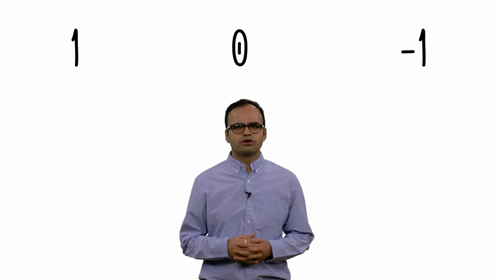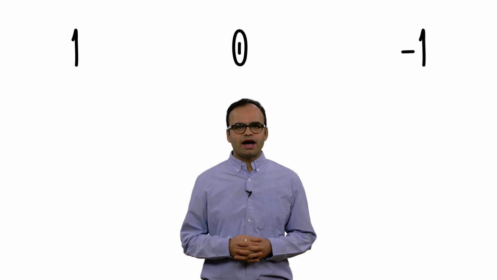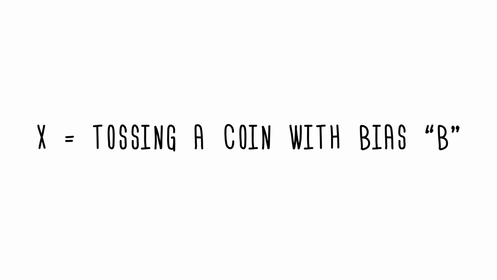This suggests that if predicted number between -1 and 1 is, say, x, then it can be thought of as tossing a coin with bias p, where p is equal to (1 plus x) divided by 2.